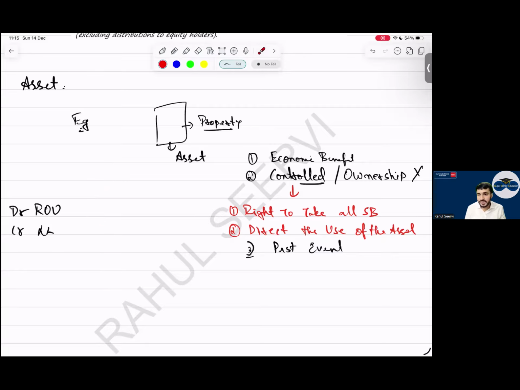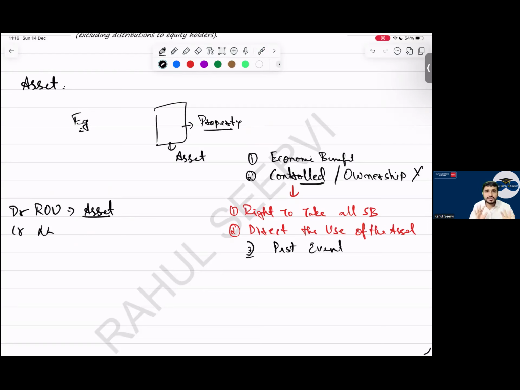Yes or no? Yes. This right of use asset is what? It is an asset, no? Yes, sir. Now say, the ownership belongs to whom? The ownership of the property belongs to me, the lessor. Yes, sir. You are using the asset and you are recording the asset in your book. Ownership is not there with you, still you are recording this as an asset in your book. So can I say the term control does not mean ownership?